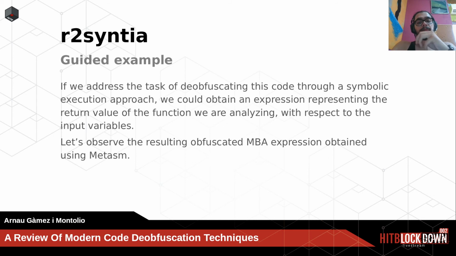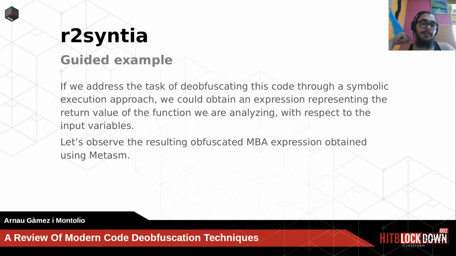So we would obtain an expression for such a value with respect to the input variables, okay? The input variables in this case are the first 5 registers for the calling convention on 64 bits. Sorry, I said EAX; the output value will be RAX in this case because we are in 64 bits, but anyway.